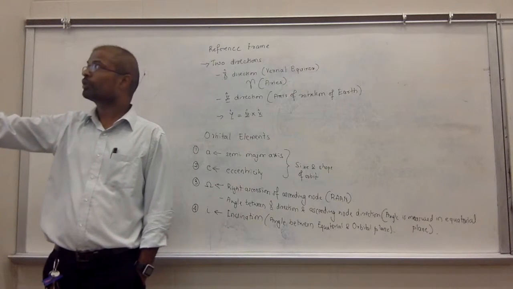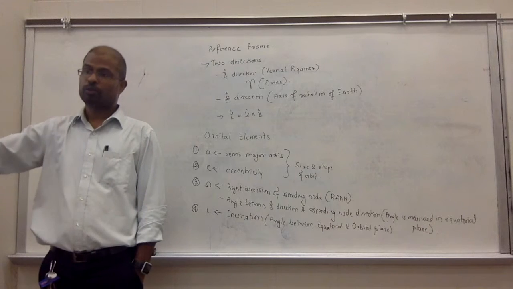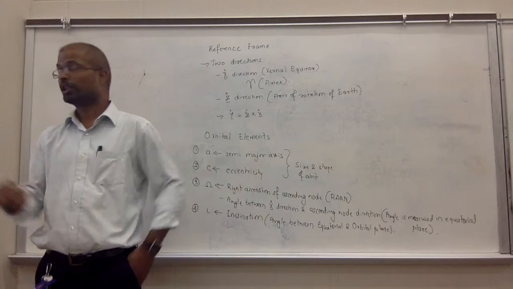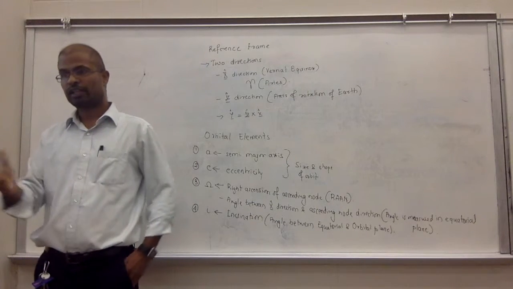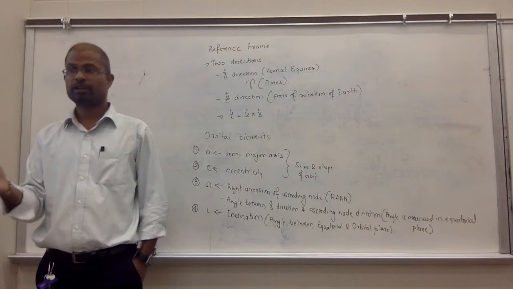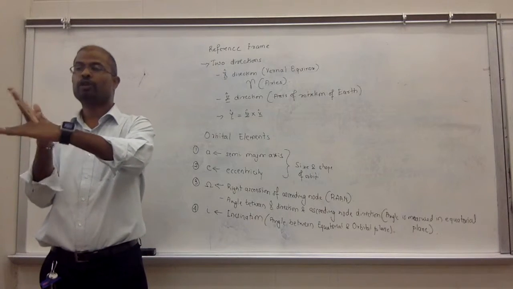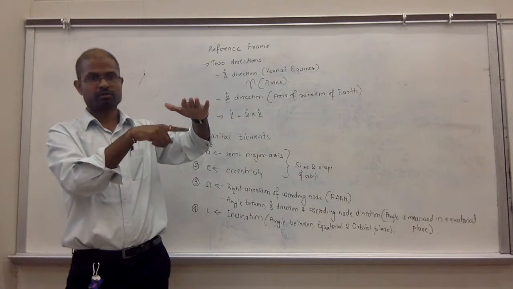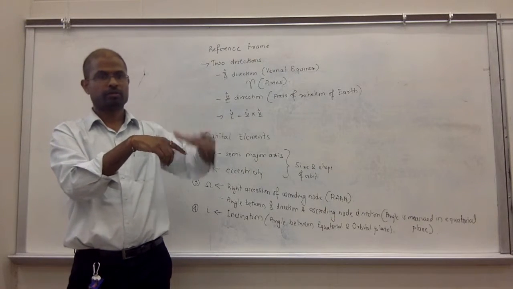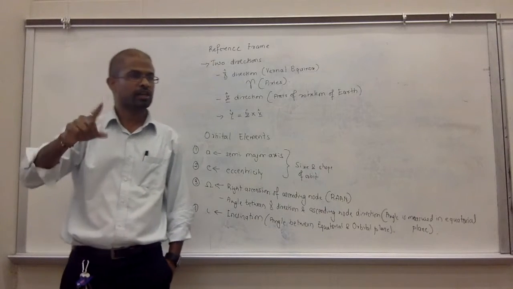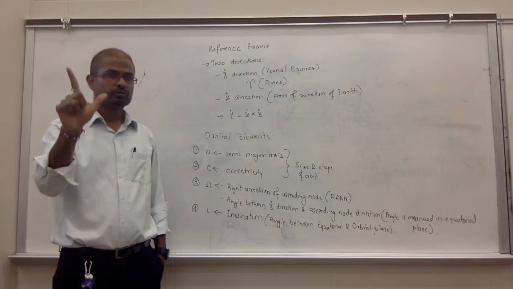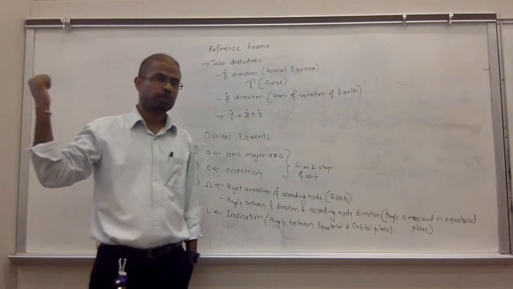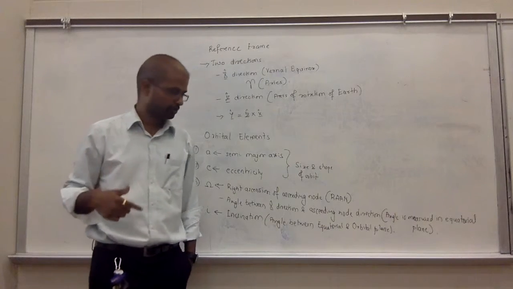If it's a retrograde orbit, the motion would be in the opposite direction, then the angular momentum vector would be in the opposite direction, and the angle would be different. That is the reason you cannot define an angle between two planes. The angle between two planes could be this or this. But when you do this, it will always be exactly between two lines. It takes into account the direction of motion as well.